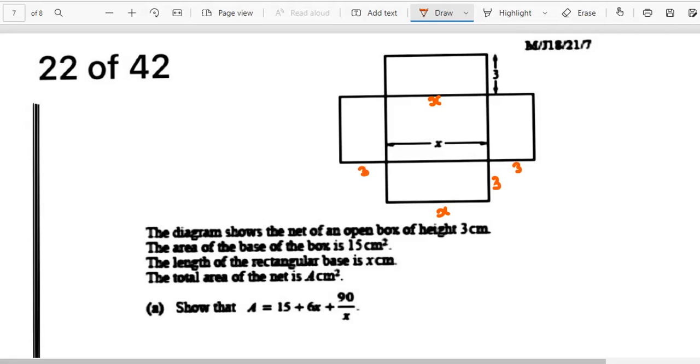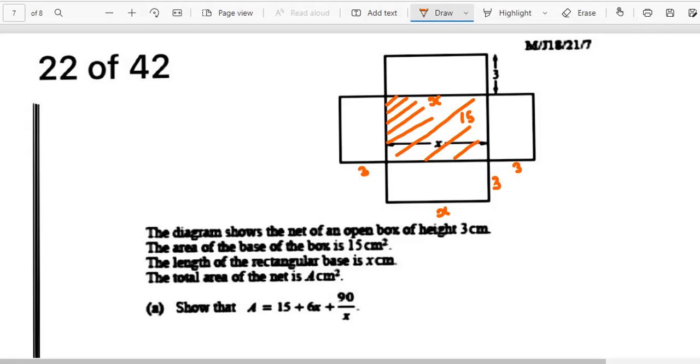All right. So it exactly says, the diagram shows the net of an open box of height 3 centimeters, the area of the base of the box. What is the base? Okay. Are you able to visualize this as a cuboid? This would be the base of the box, and it is 15 centimeters square. So this area is 15 centimeters square.